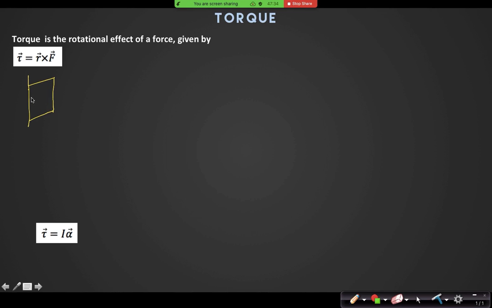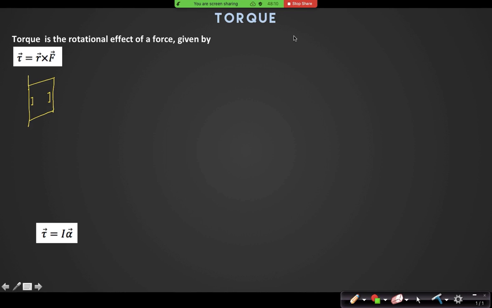Have you ever seen a door with a handle near the axis? No. It is very easy to open the door if you apply force at the handle, but the same force applied near the axis makes it difficult to rotate the door. So it definitely depends on the point of application of the force. That is why this r came here. So torque is the rotational effect of a force given by r cross F.